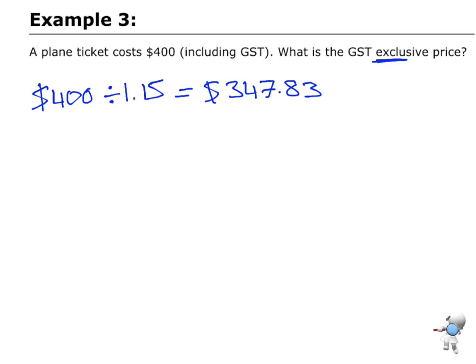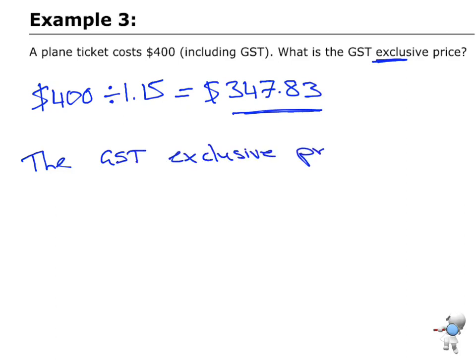So the difference between the 400 and this amount is how much they would pay in GST, and this is the amount that the business themselves get. Okay, so then I would write a sentence to say that the GST exclusive price is $347.83.